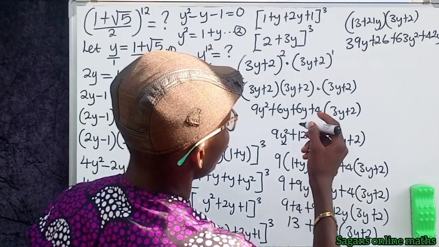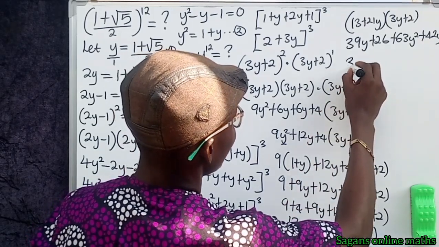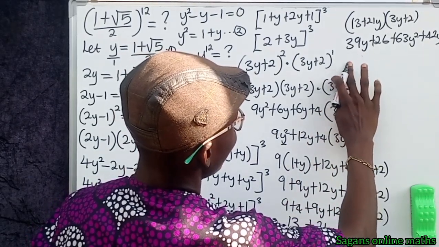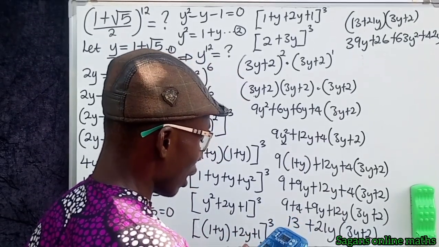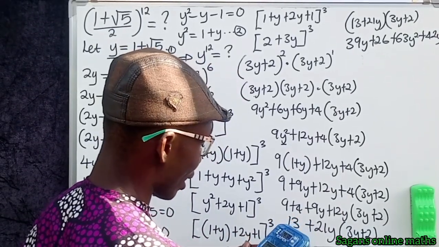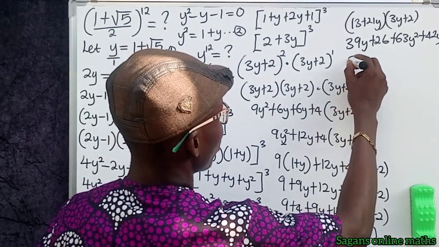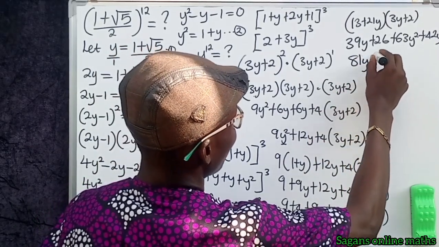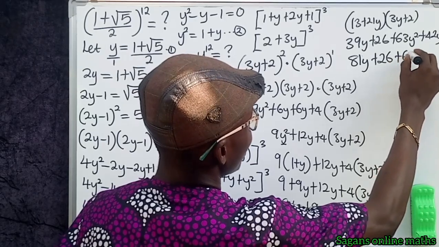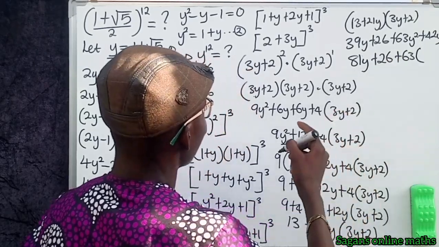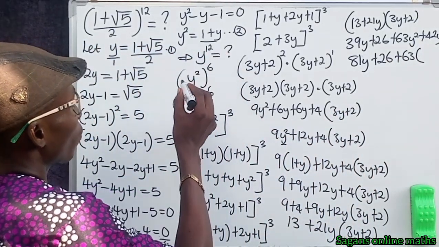Now what are we going to do? Let's collect like terms. Let me add 39y plus 42y, which gives 81y, right? Plus 26. Then plus 63 into y squared, which represents 1 plus y.